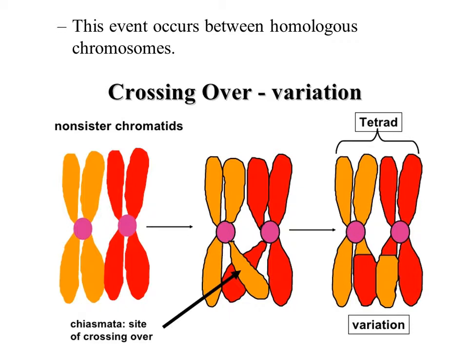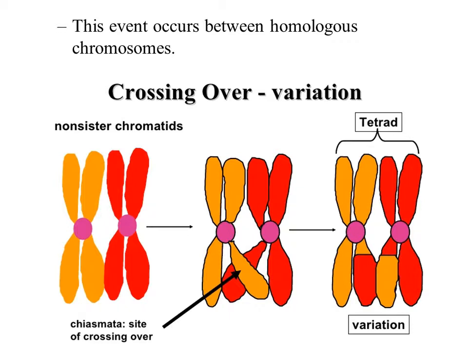So let's look at the picture, and you see we have an orange and a yellow chromosome that is replicated. Since they are homologs, they are side by side. They're so close that the two closest chromatids can touch. And when they touch, they can cross over and wrap around each other.